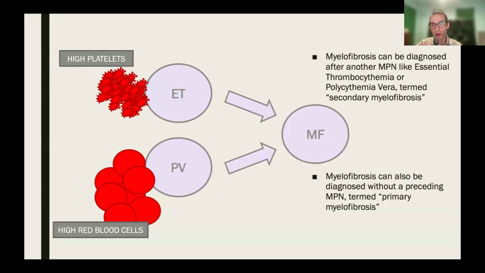Or myelofibrosis can present out of nowhere. We call that de novo myelofibrosis or primary myelofibrosis. Although there are some subtle nuances of secondary versus primary MF, in general they're treated fairly similarly. The same mutational drivers or co-mutational workup is done for both primary and secondary cases of myelofibrosis.